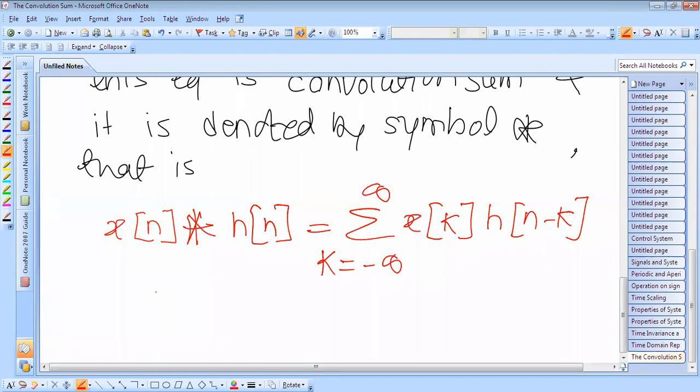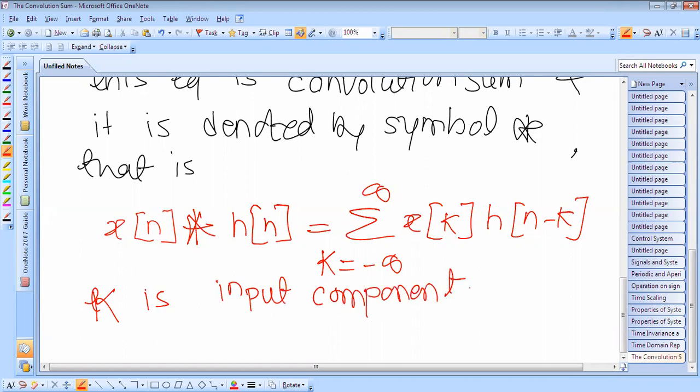The output of the system associated with the kth impulse, where k is the input component, is given by x of k into delta of n minus k.